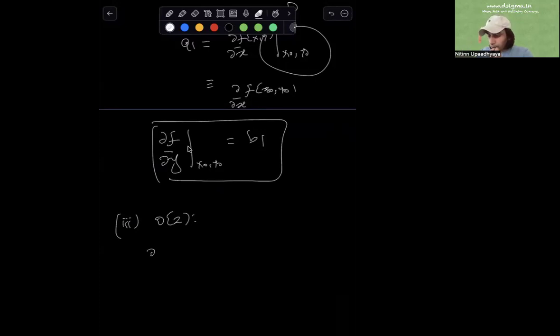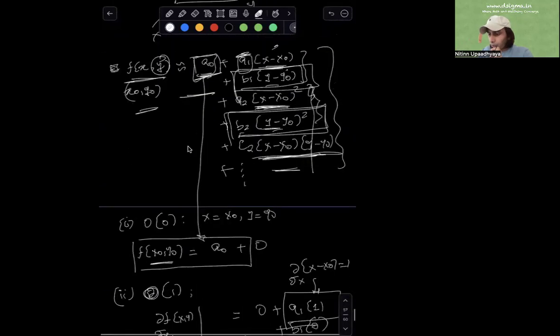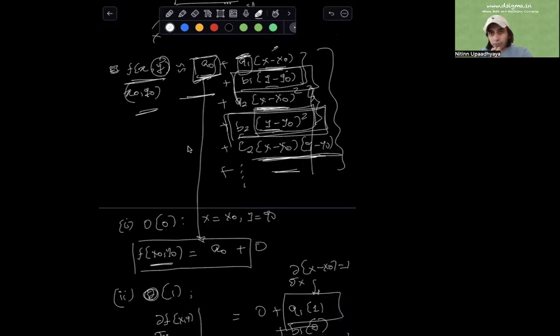On the left-hand side, we'll have dou 2f dou y square evaluated at x naught comma y naught. And on the right-hand side, the only residual term we'll be left with is b2 times 2, because we have y minus y naught squared. If I differentiate it once with respect to y, I'll have 2 times y minus y naught. If I differentiate it again with respect to y, I'll just be left with 2, right?